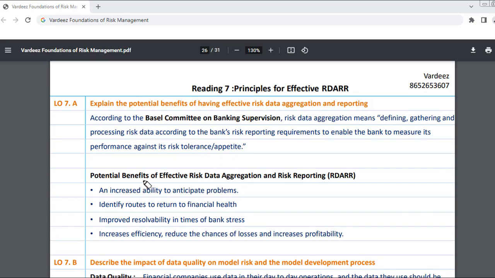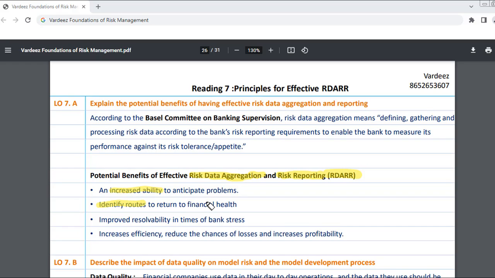Talking about the potential benefits of RDARR, well, the very first thing is increased ability to anticipate problems. You can anticipate the problem in a much better way if you have effective risk data aggregation and effective risk reporting. When the data is aggregated as a whole, when you see the big picture, you can anticipate the problems in a much better way. You can identify routes to financial health.